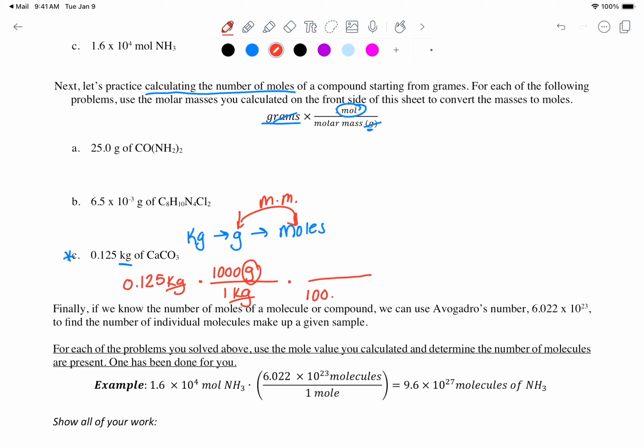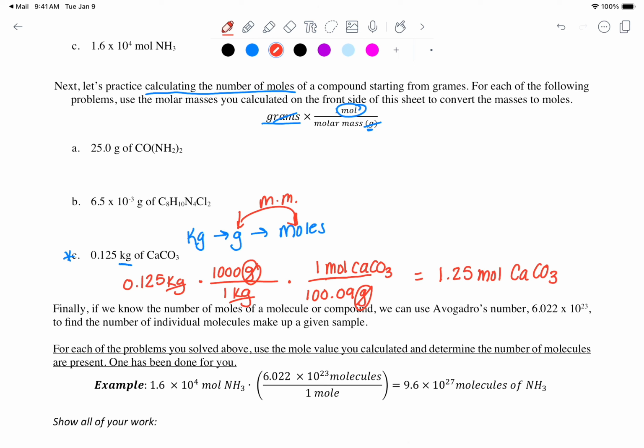That 100.09 grams is going to go on the bottom so that it cancels out with the grams on top, and we're left with 1 mole of CaCO3 on the top. So we're left with moles there. All of our units cancel. We do that multiplication and division, and with rounding and sig figs, we get 1.25 moles of CaCO3.